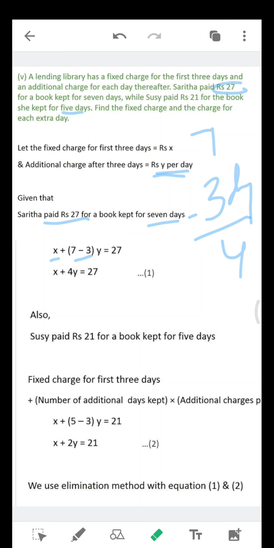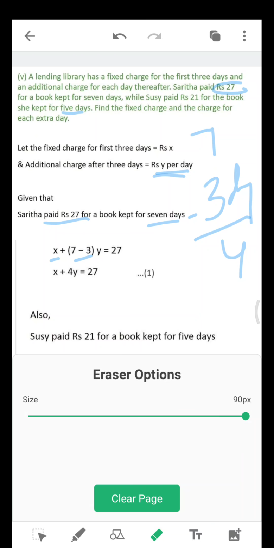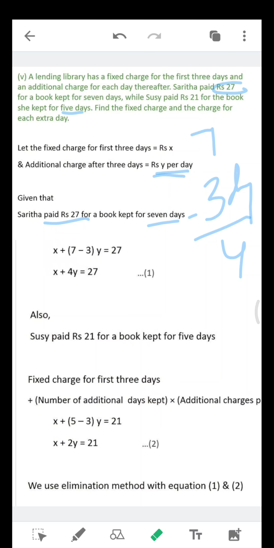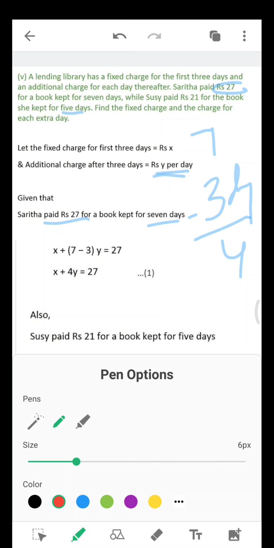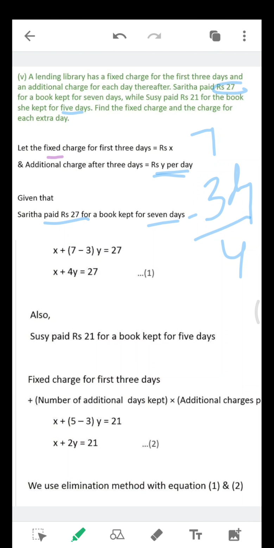Why are we subtracting 3 days here? Now you might be wondering, because the fixed charge is for 3 days. You can clearly see in the question that the fixed charge is for 3 days. So the 3 days charge is already paid, that is x, plus extra days are 4 days, plus 4y is equal to 27.